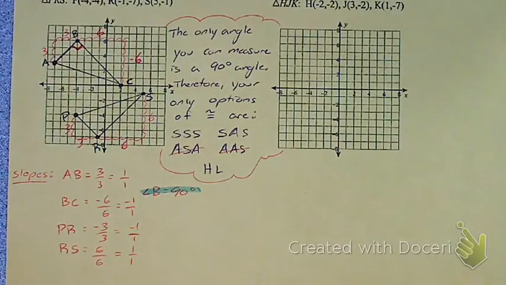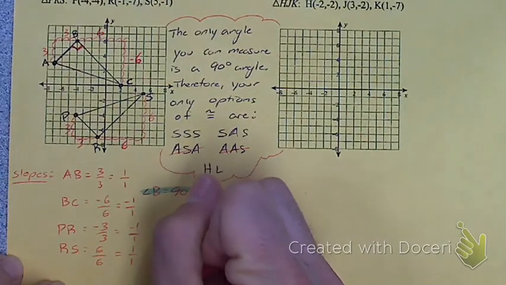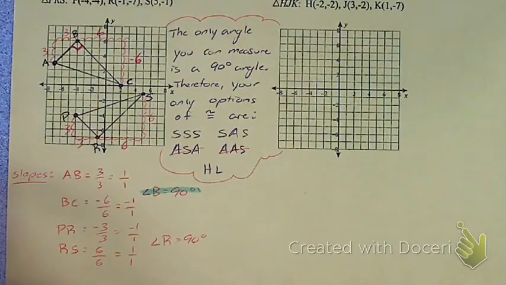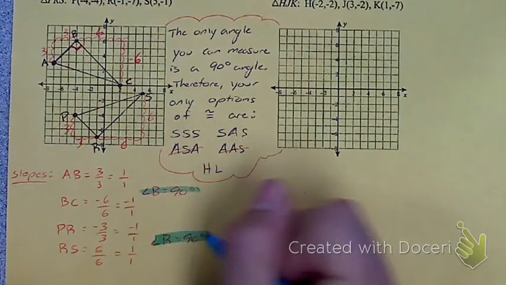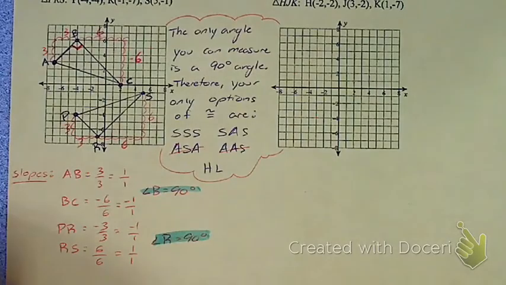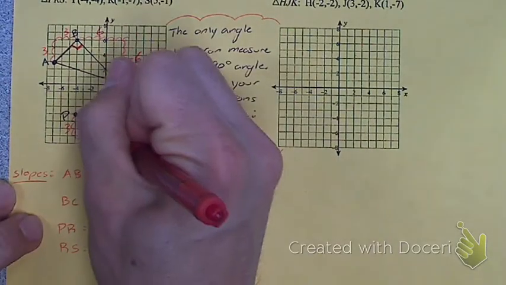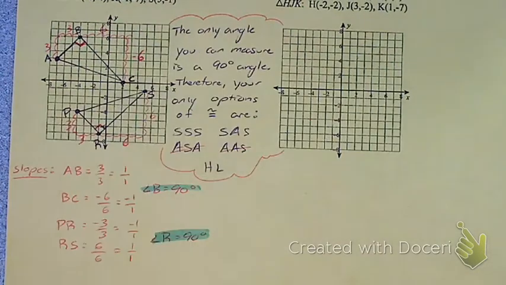Since they're opposites, that means that angle R is also 90 degrees. So, if two angles are 90 degrees, what does that mean about those two? They are what? Congruent. Good. You found one piece of information so far. You found congruent angles. Now we have options.